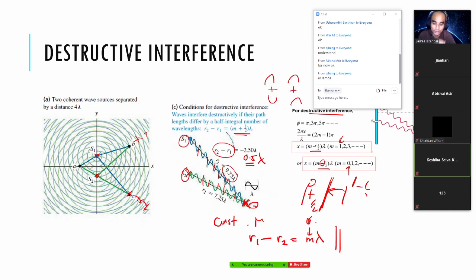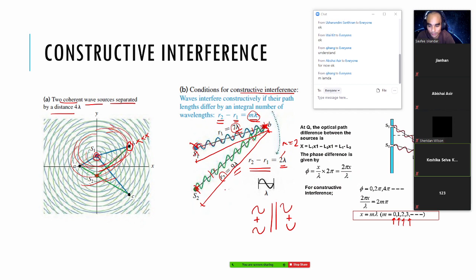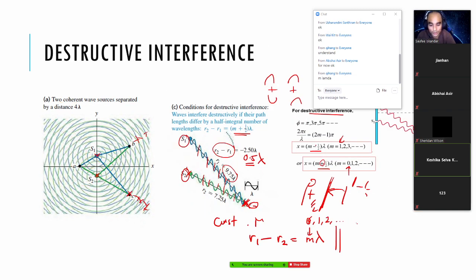It can be 1, it can be 2, and so on. In the previous example, R1 minus R2 equals to 2, it means that m is 2. It also happens if m is 1. So 1, 2, 3, 4, and so on.